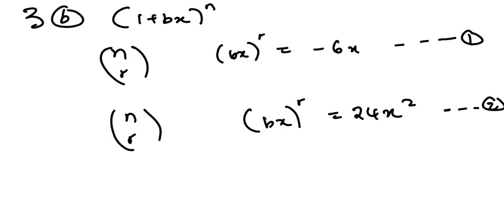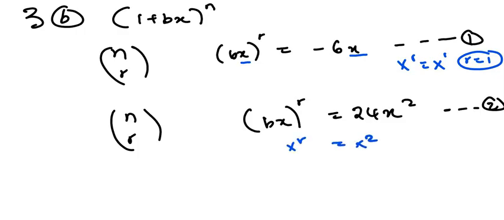Then if you look at this first equation, get the portion that has x. It tells you that x to the power r is equal to x, meaning r is equal to what? 1, right? Here, get the portion that has x squared, and already r gives you what? A 2. So we're going to replace r is equal to 1 in the original equation.